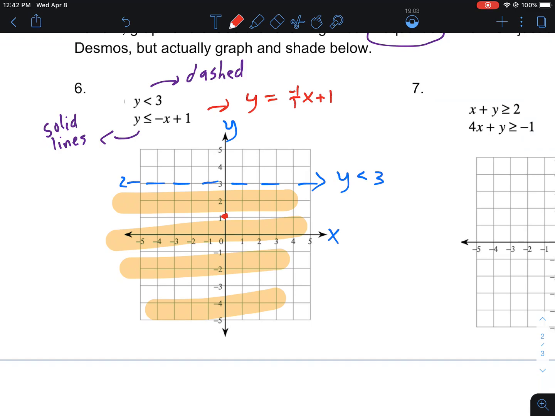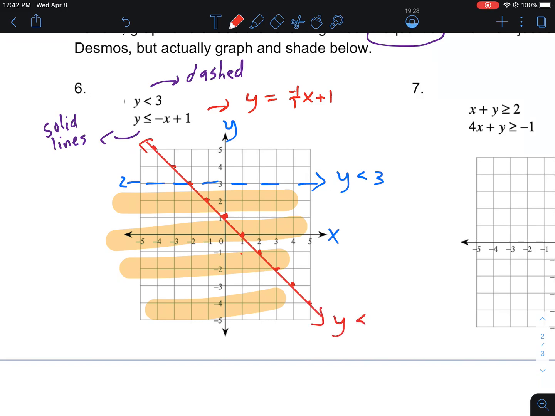So from this point, you will go down 1, right 1, down 1, right 1, over and over. But you could also have started at your y-intercept and gone in the opposite direction. Up 1 and left 1, up 1 and left 1, and so on. And now this is going to be a solid line because it's less than or equal to.